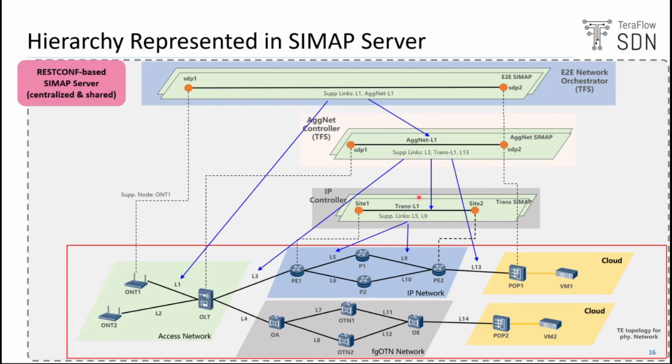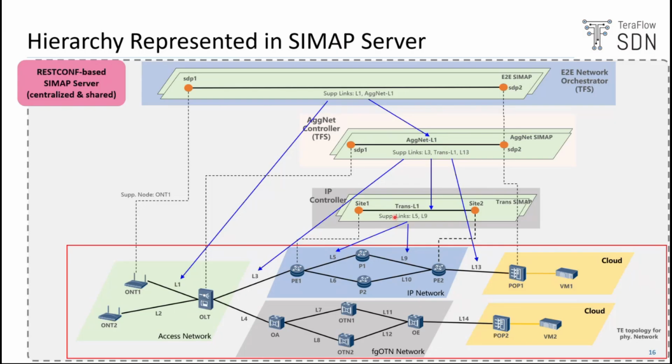This is the hierarchy that I promised before, how it relates the different elements in SIMAP. So imagine that we have at the bottom this physical network. We can say, okay, at the IP segment, the virtual link that connects the ingress and egress provider routers is represented by an aggregation of link L5 and L9, for instance, because in this case, the connection follows this path.